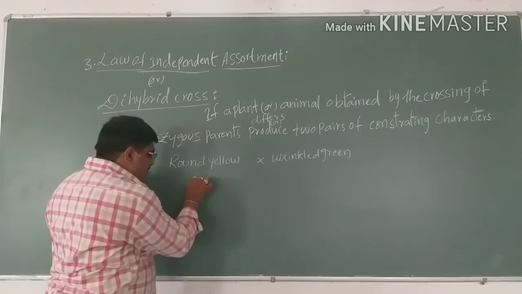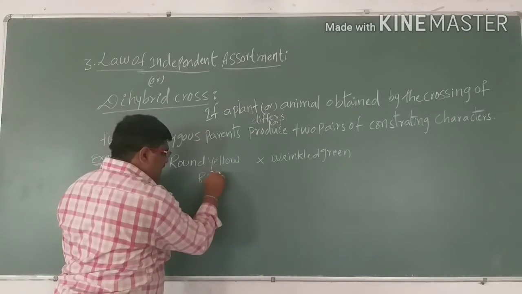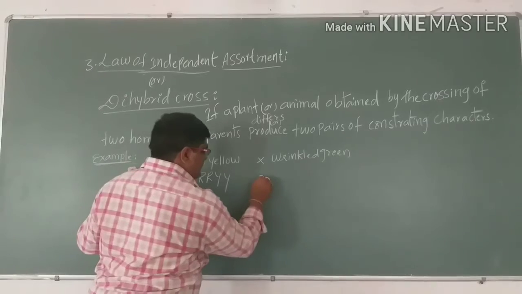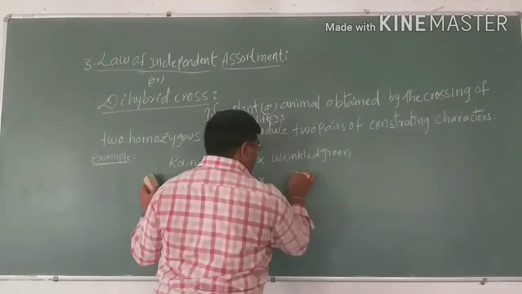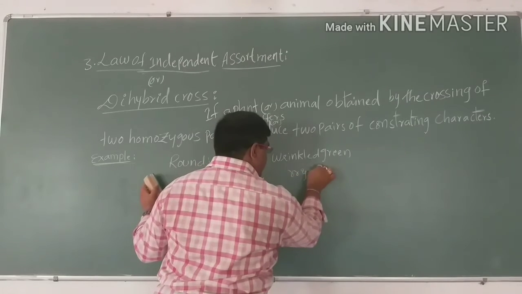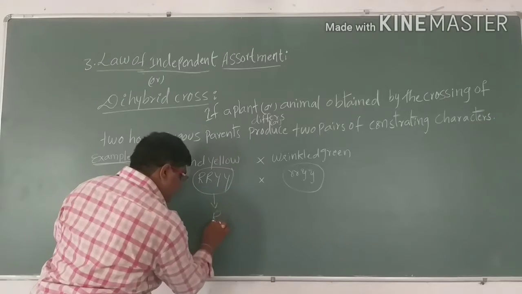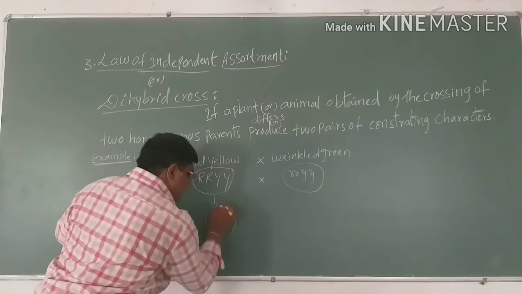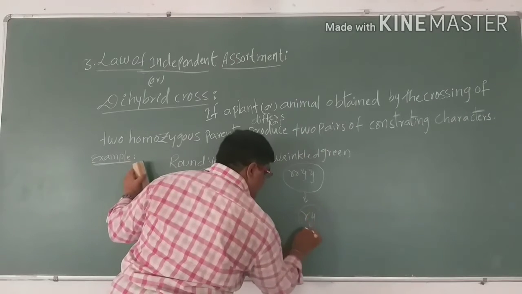So here, round and yellow, represented with capital R, capital Y, is crossed with small r, small y. The gametes are capital R, capital Y, and small r, small y.